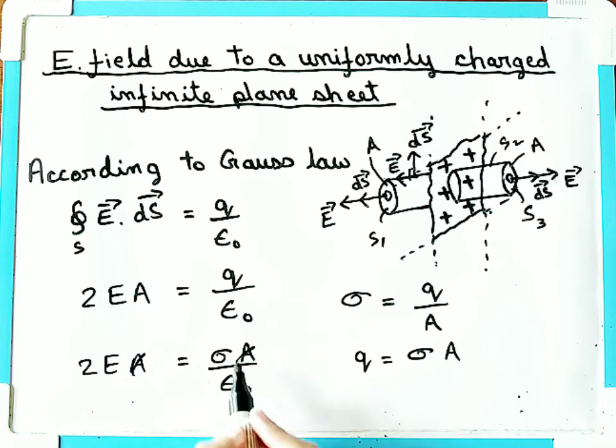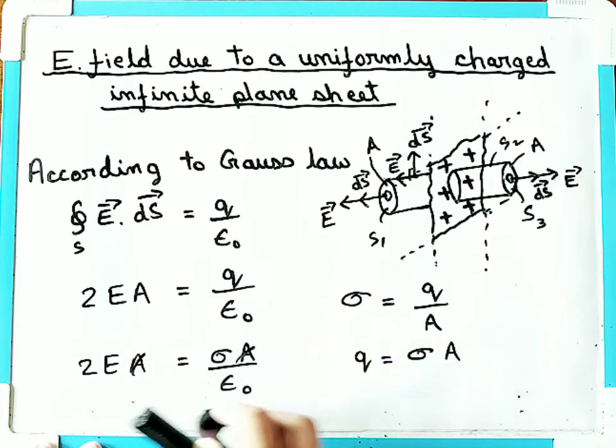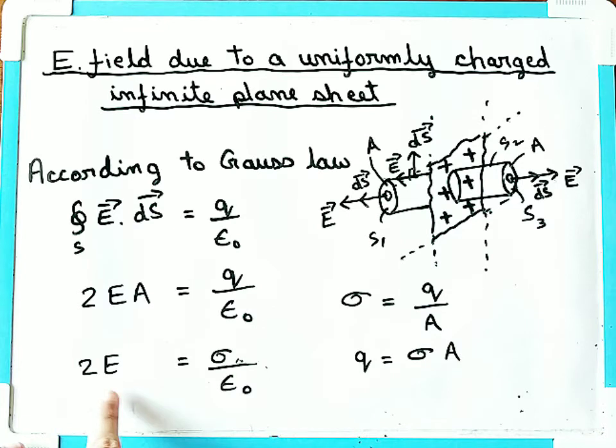Now A and A you can cancel. So we're left with 2E equal to sigma by epsilon naught. Then this 2 will come here.